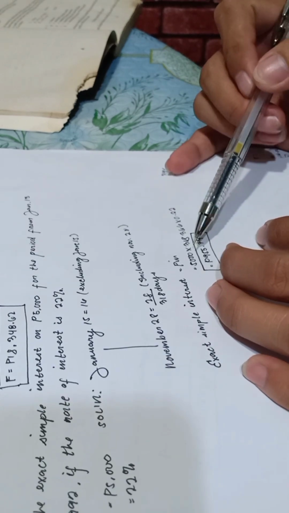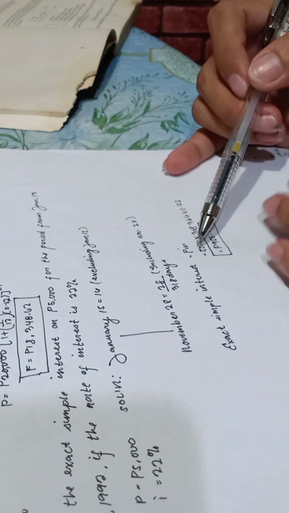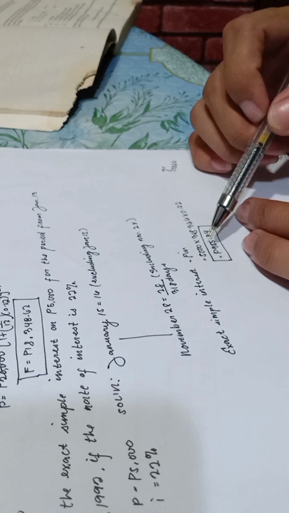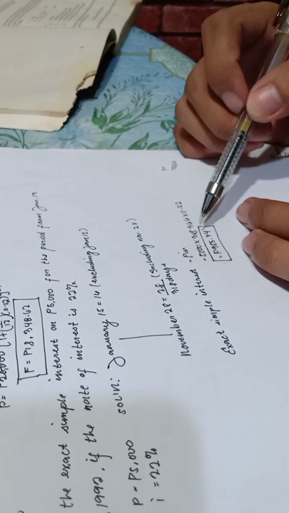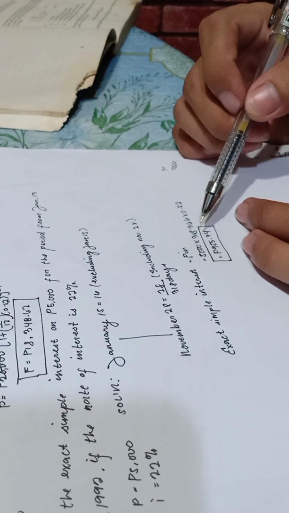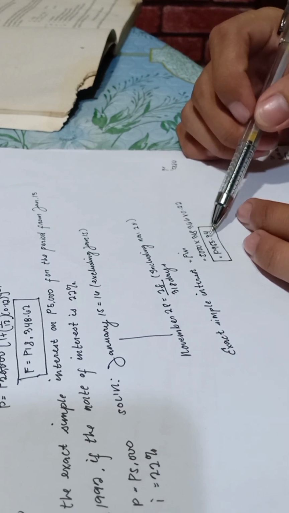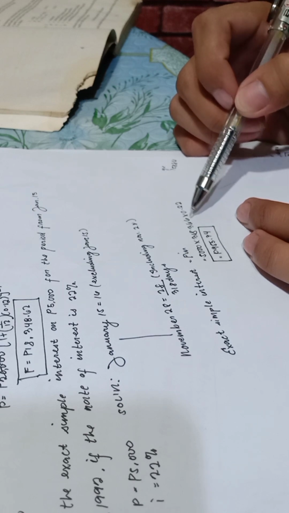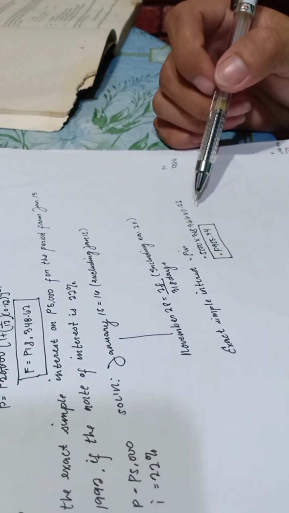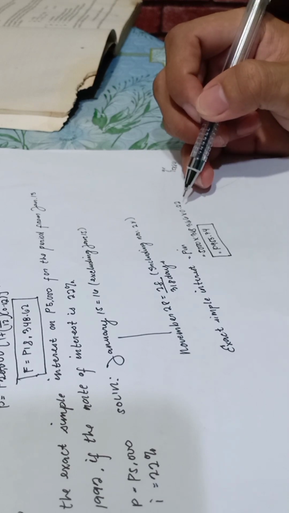So here our principal or present worth is 5,000 pesos times the rate of interest per interest period, 318 over 336 times our number of interest periods, which is 0.22 or the equivalent of 22%.